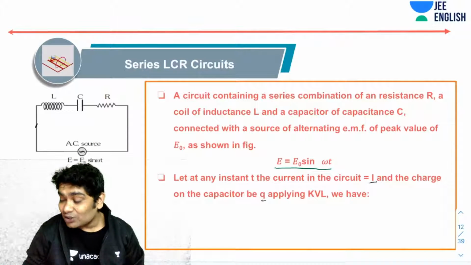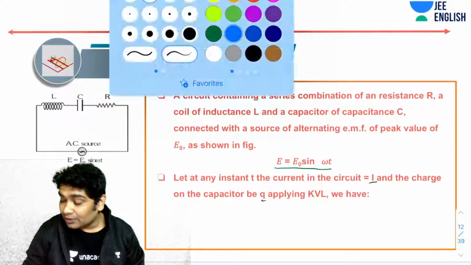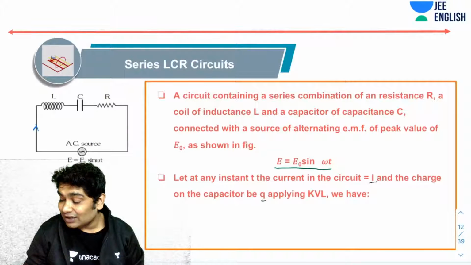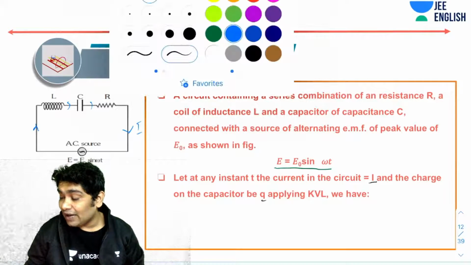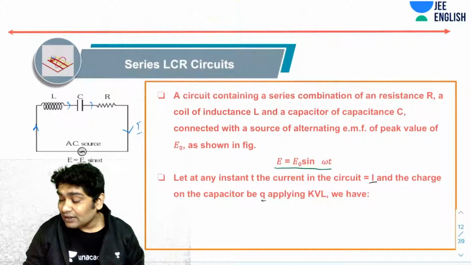So assuming this is the direction of the current, let's see what kind of KVL equation you could have formed. Assume there was this current I flowing through the circuit, changing at a certain rate of di by dt as of this instant, and the capacitor had gained some plus Q charge here and some minus Q charge here.